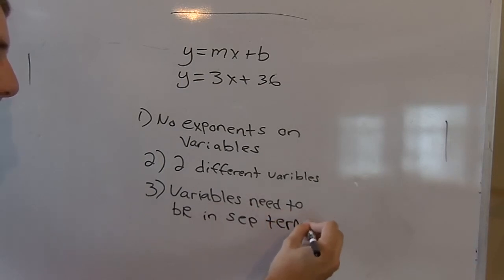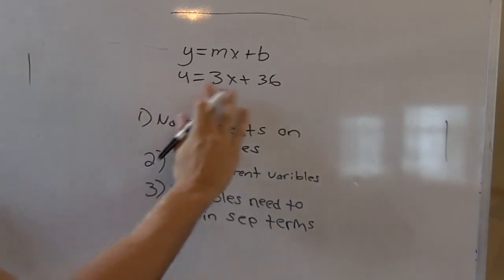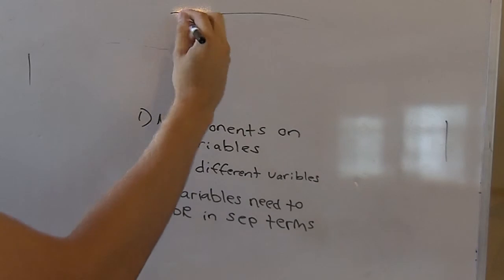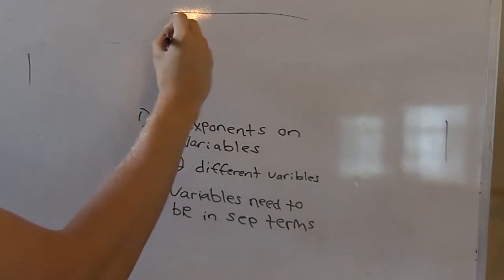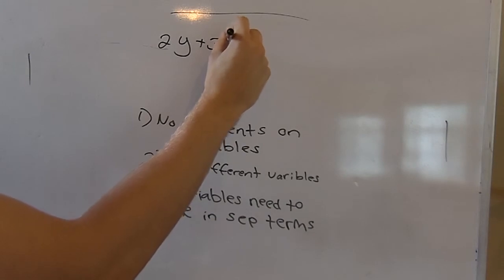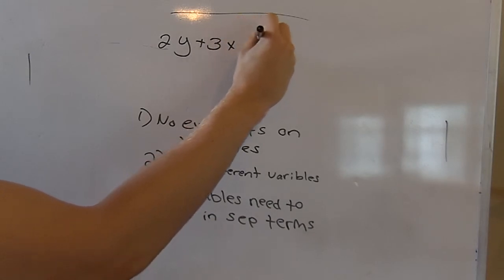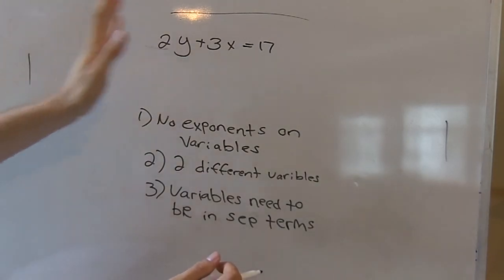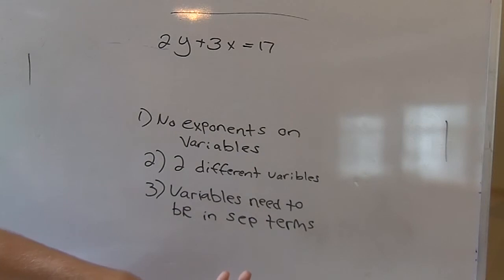And the variables need to be in separate terms. So, for example, this is a linear function. It's not written in standard form. I can manipulate it to be in standard form if I would like to. That's something we're going to talk about in a future section.